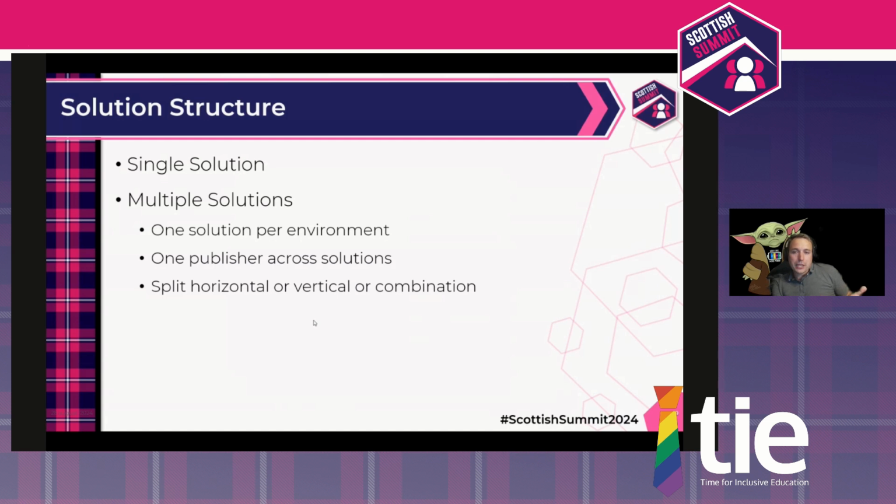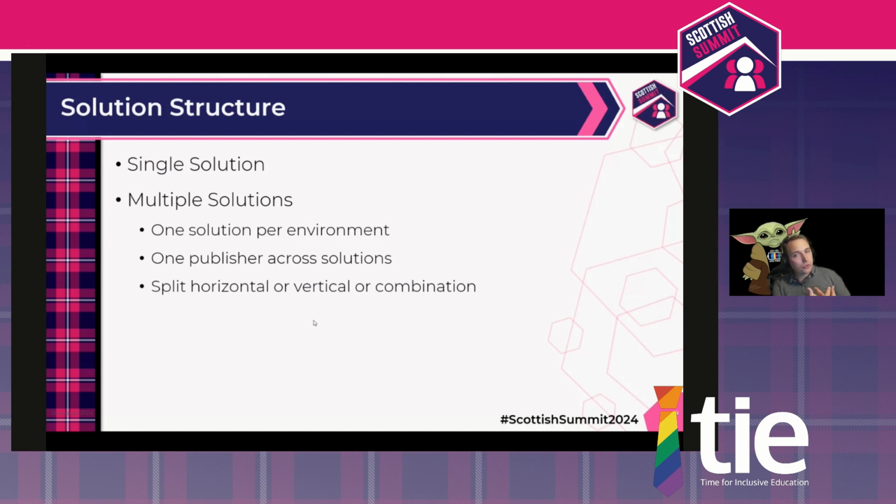But there might be cases where you need multiple solutions, and Microsoft's recommendation is that you should have only one unmanaged solution per environment, which is a bit challenging, because if you create a lot of different environments, you have to sync them, and also it will cost some disk space.